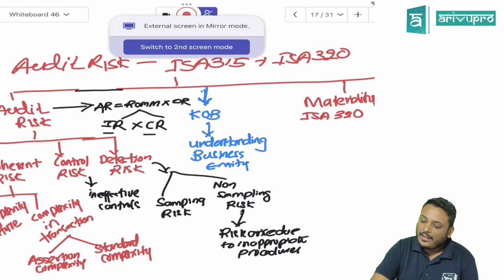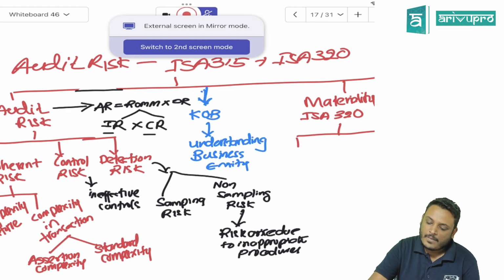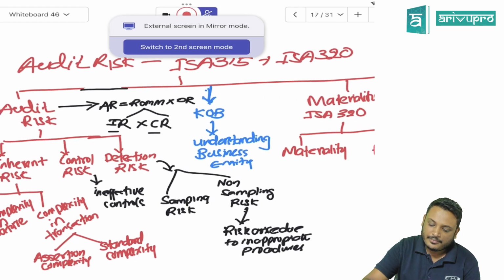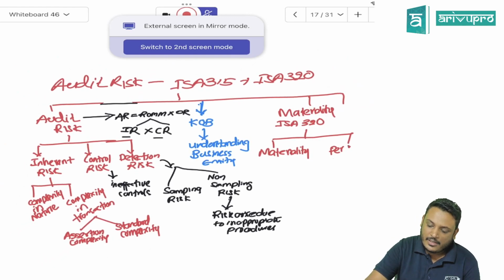Materiality. I can take this as materiality on one side. The other one is performance materiality.